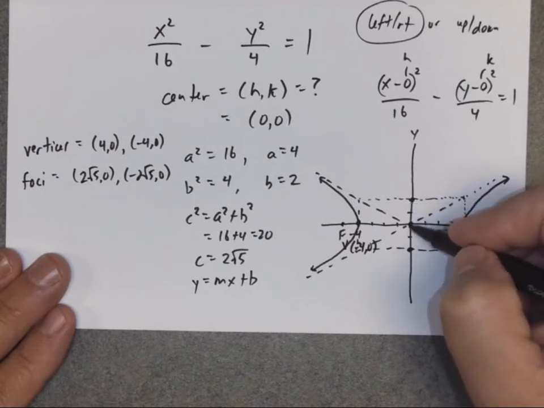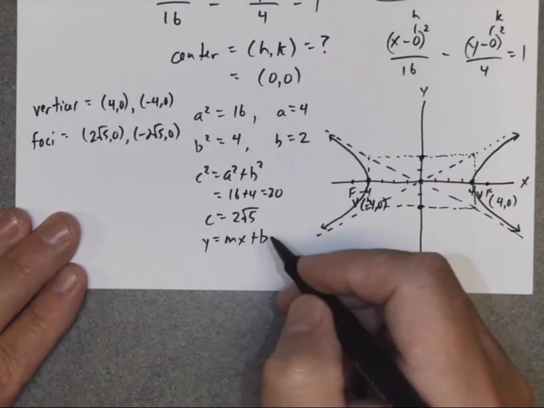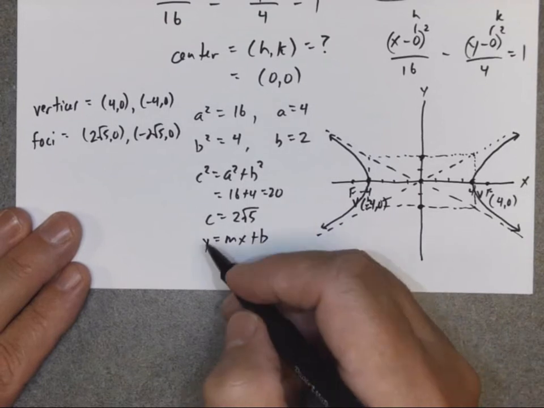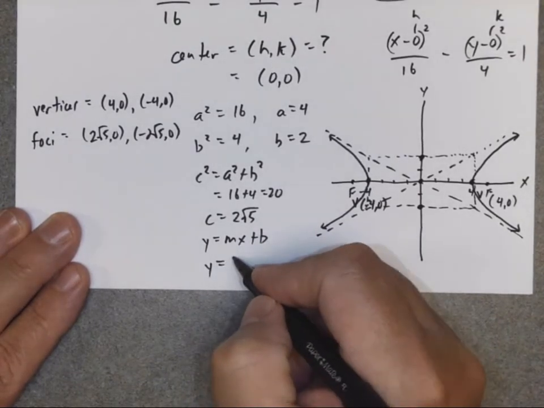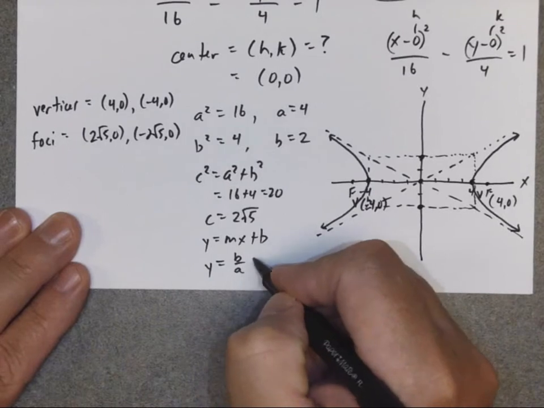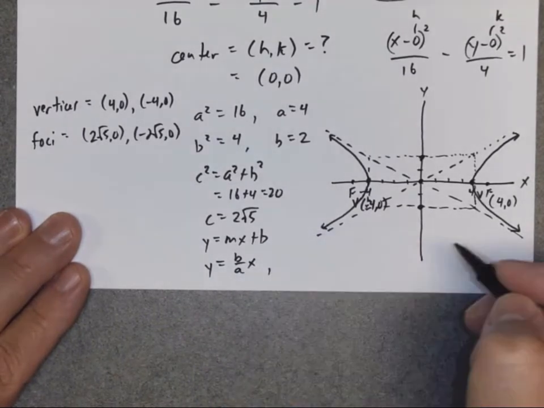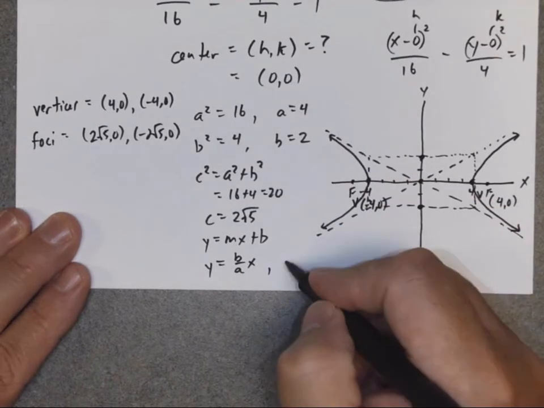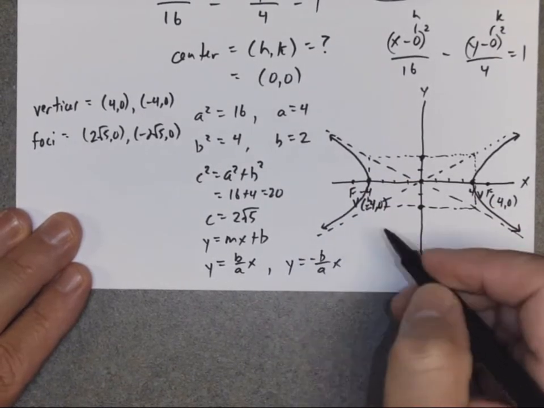What is this distance here? That's b. From here to here is a. So the slope is b over a. So that's one asymptote. The other asymptote is almost the same, except just the slope is negative.